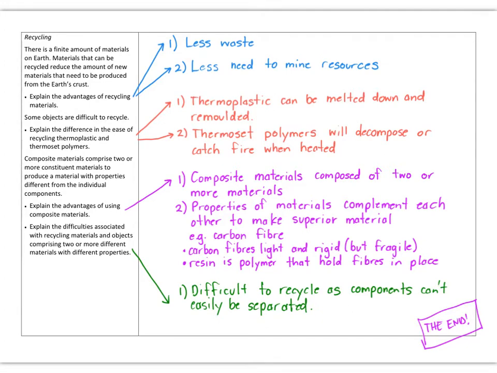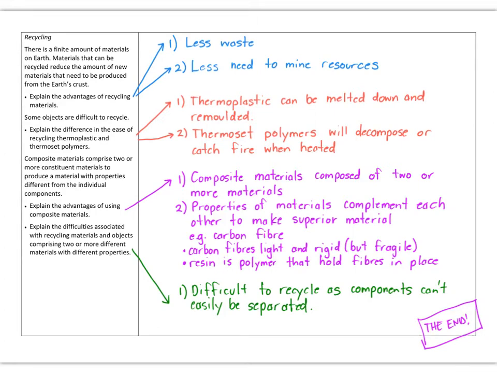But if we set them in a resin, that resin is basically a polymer that holds all the fibres in place, and it overcomes a lot of those issues with them being hard to control and fragile. So we build a really, really strong, light material. You can probably think of other composite materials, but the carbon fibre one to me is probably the most obvious.